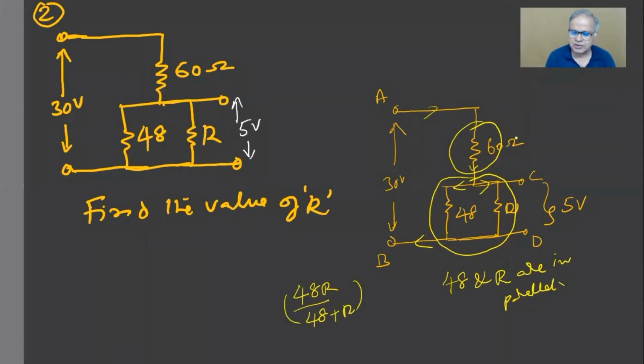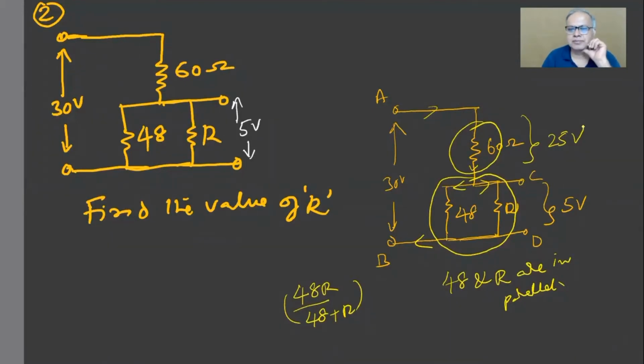Isn't it in series with 60? Yes, sir. And in series, does potential divide? In series grouping, did we not say potential divides? Yes, sir. So if it is total 30 here between A and B and 5 here, how much will be across this? 25?